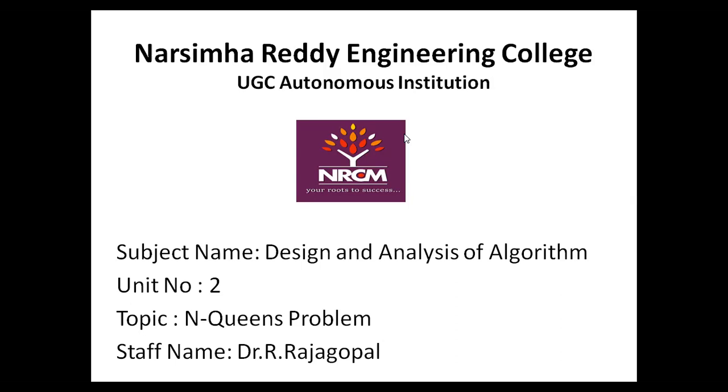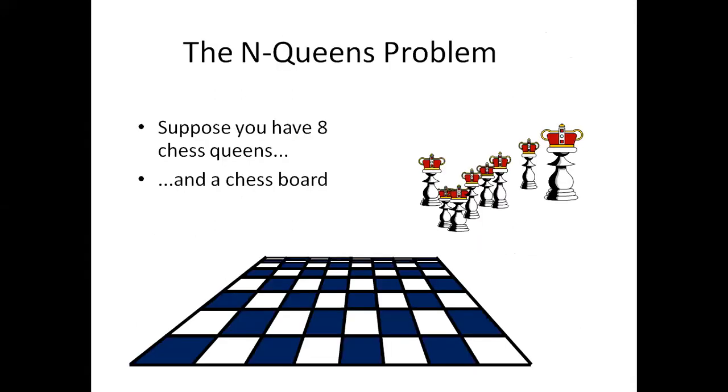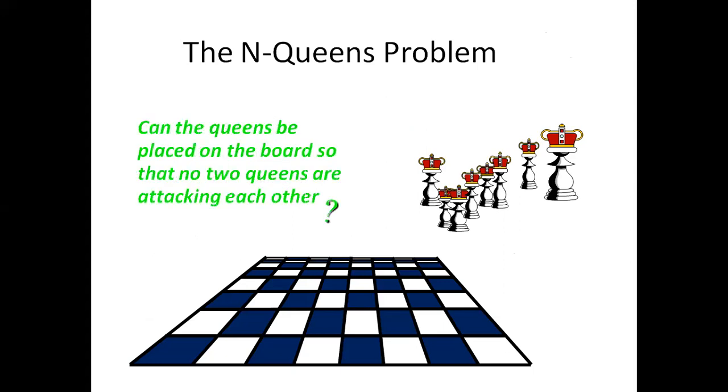Let's see how this N Queens problem works. If you have 8 chess queens, then it is the 8 cross 8 queen problem. The chessboard is like an 8 cross 8 matrix, and you have to place the queens. Where should the queens be placed on the board?